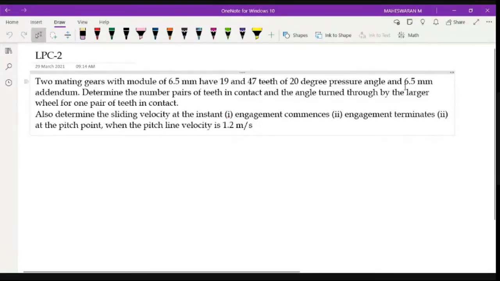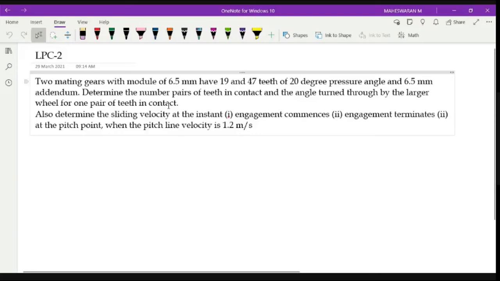The addendum is given directly, which is 6.5 mm. Sometimes they will give the addendum in terms of module, but here they mentioned it directly. They're asking to determine the number of pairs of teeth in contact and the angle turned through by the larger wheel for one pair of teeth in contact.